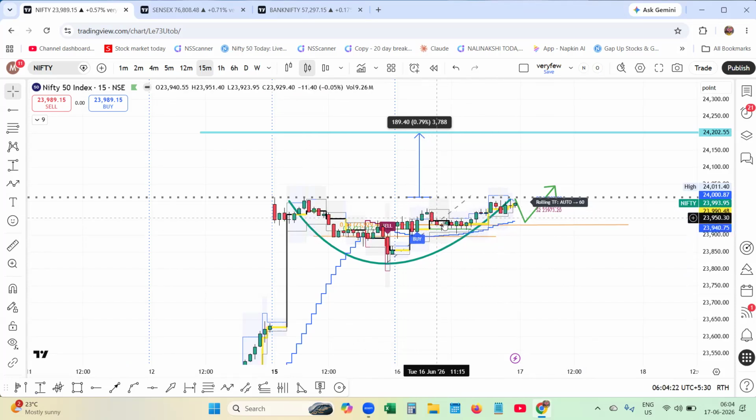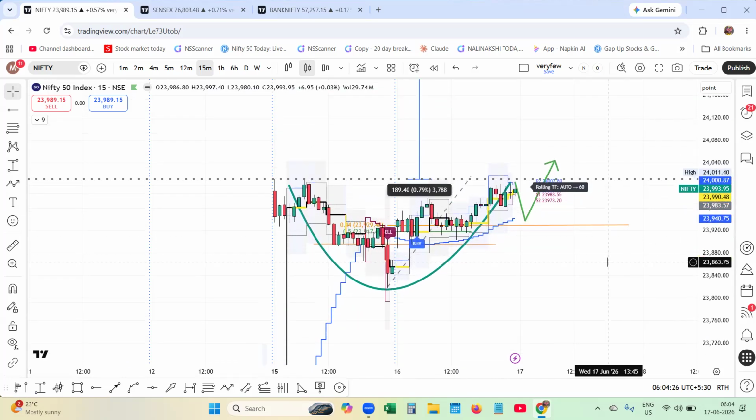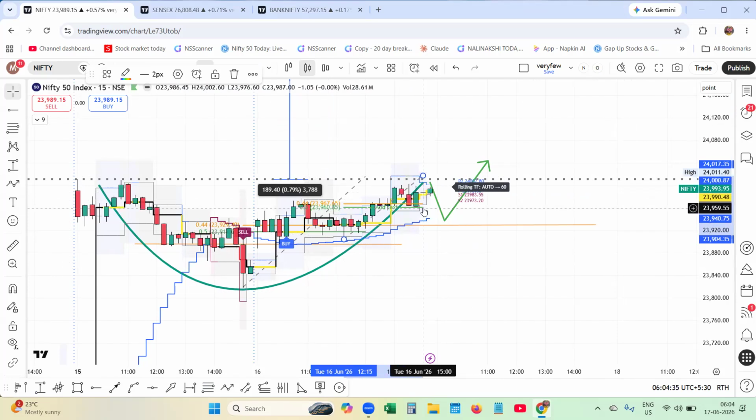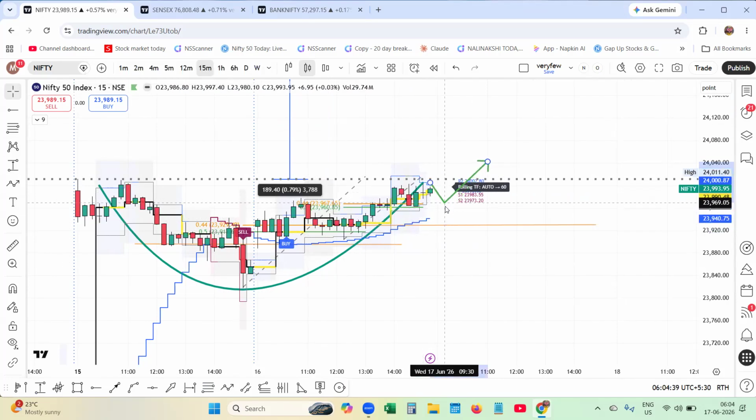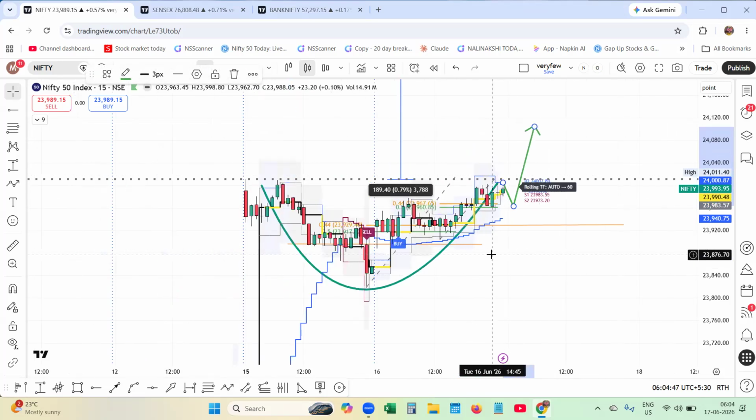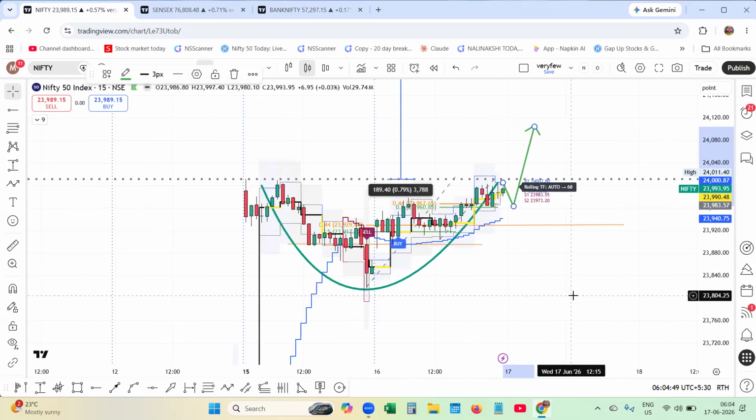Already the market has come down and retested this level, and probably let us put how much it can retrace from this. Since it has retraced, already it has taken support over here. You may not get the dip, or sometimes you may get the dip here, 23,961, and price may start going up.